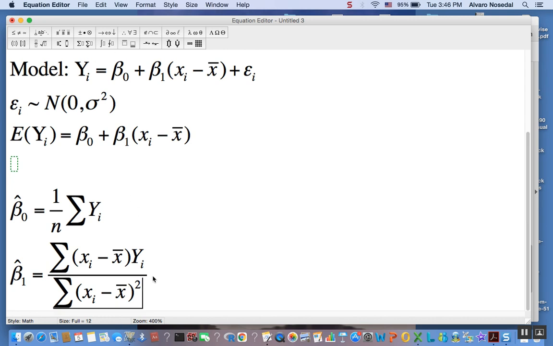Again, this guy, we know, and we have done it when we discussed the distribution of beta 1 hat, we can rewrite it as a linear combination of the yi's.